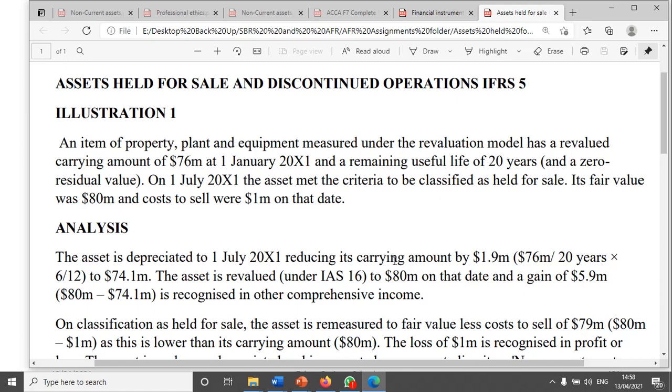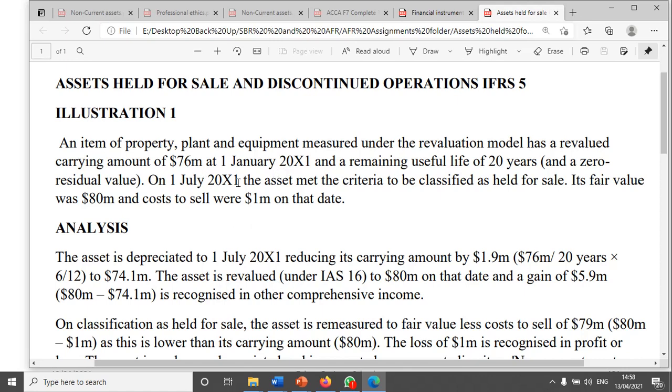This 1.9 should be removed from 76 million, and we have 74.1 million. That means by the date we were revaluing this asset, the carrying value was 74.1 million. The asset is then revalued.